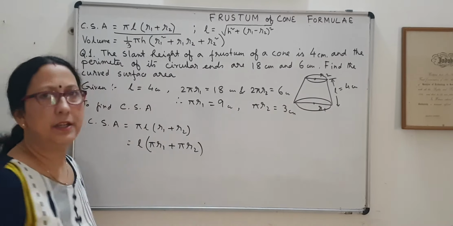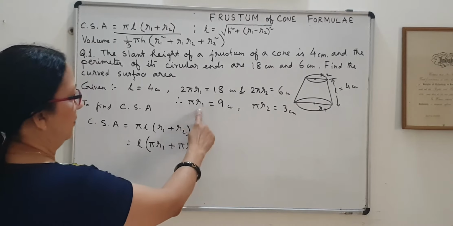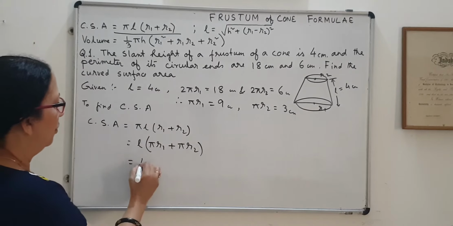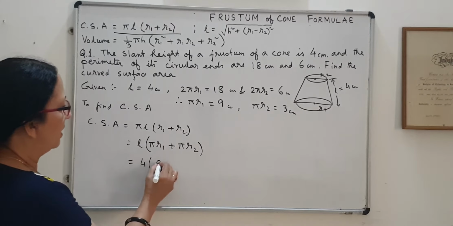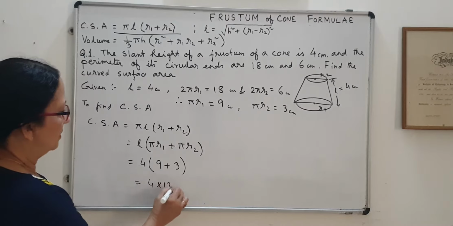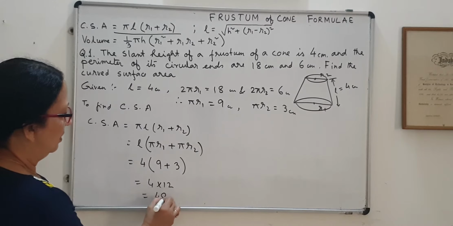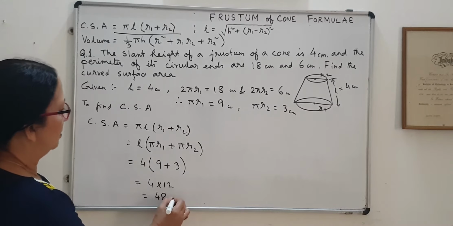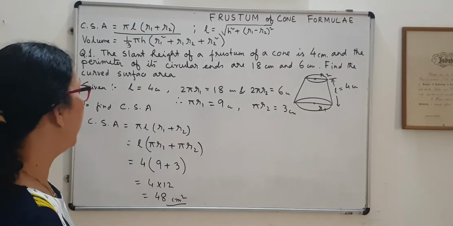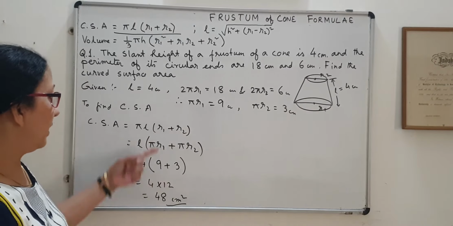So instead of finding R1 and R2, I can write them in this way. Now I can very easily put the values. L is 4, pi R1 is 9 and this is 3. So it is 4 into 12, and that is 48. And the unit will be centimeter square. So in this way, without finding the values of R1 and R2, I can do it.